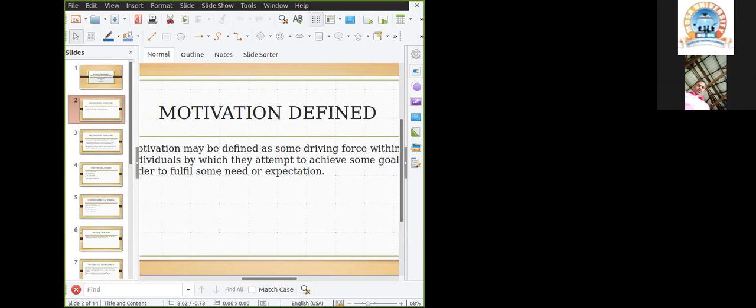Because they know that once they have achieved the goal that you have given them to achieve, their personal needs are going to be met.